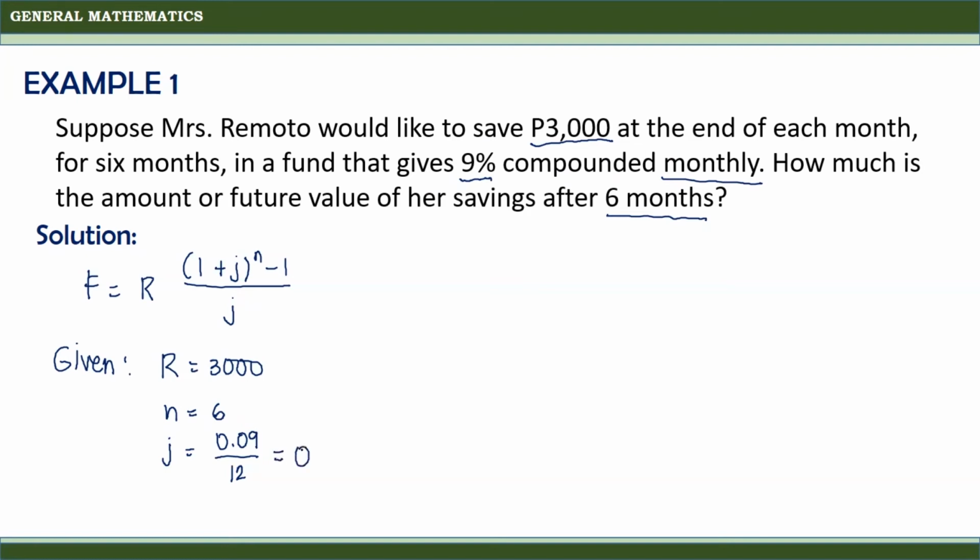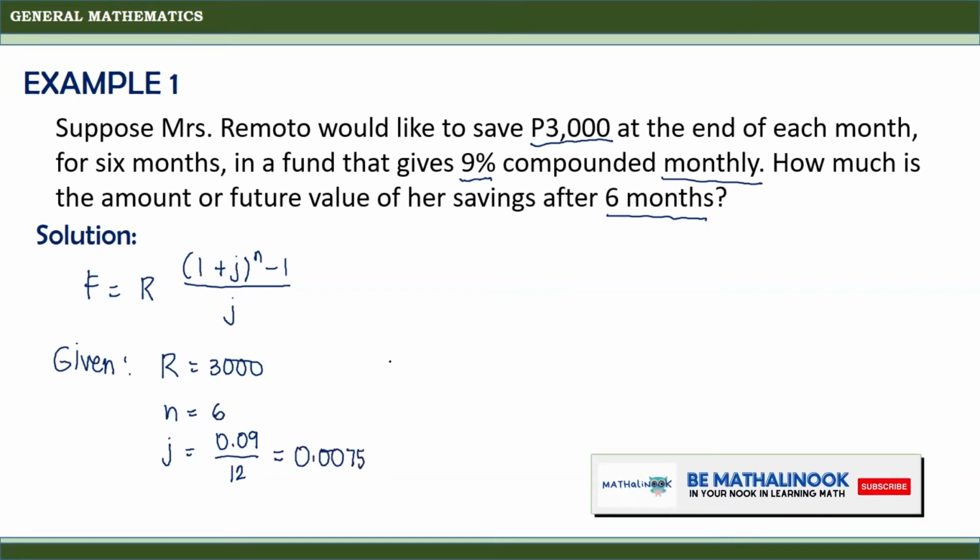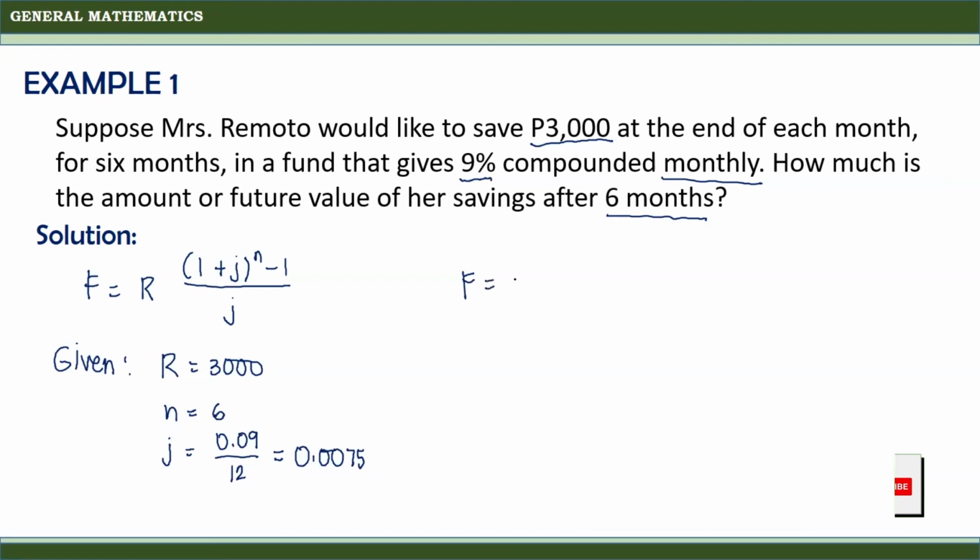This is equal to 0.0075. Since we now completed the given, we will substitute this on our formula. So we will have F is equal to 3,000 times 1 plus 0.0075 raised to 6 minus 1 all over 0.0075.